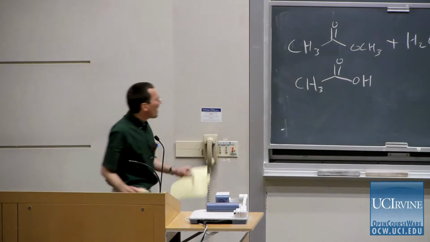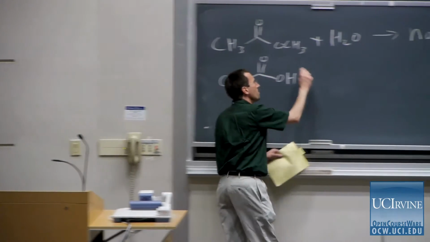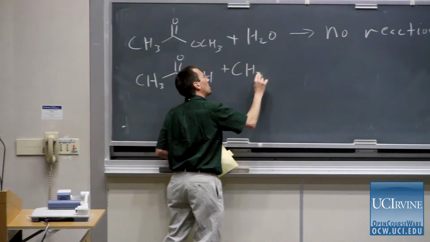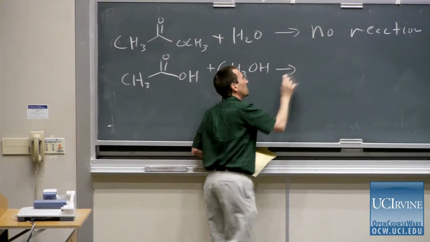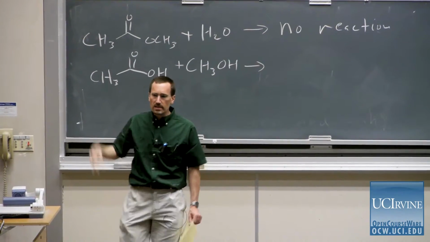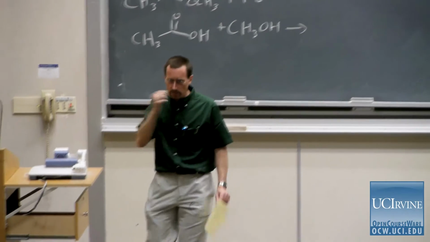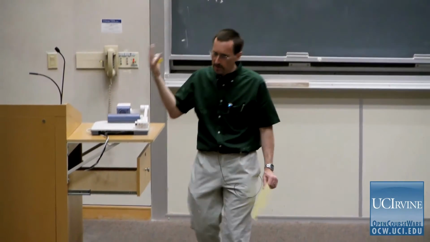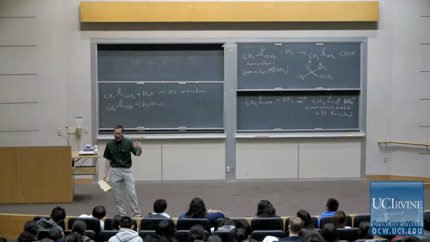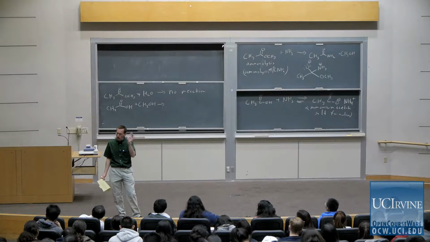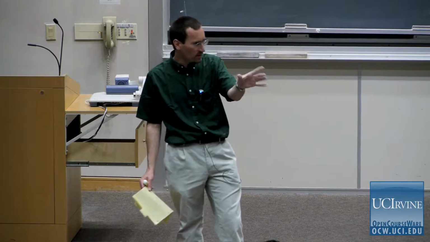So by a very similar token, if I mix methanol and acetic acid, the carbonyl is moderately electrophilic for an ester, and moderately electrophilic for an acid. But water and alcohols are very weak bases and very weak nucleophiles.